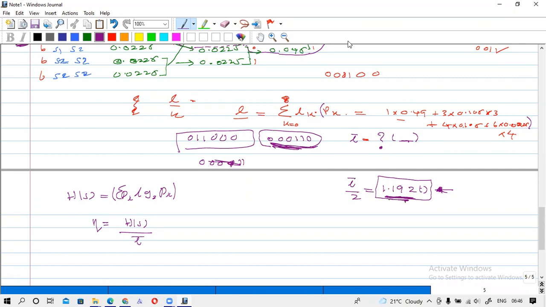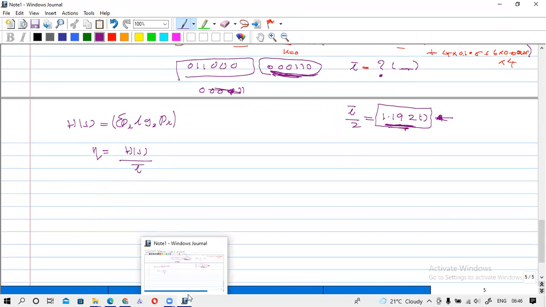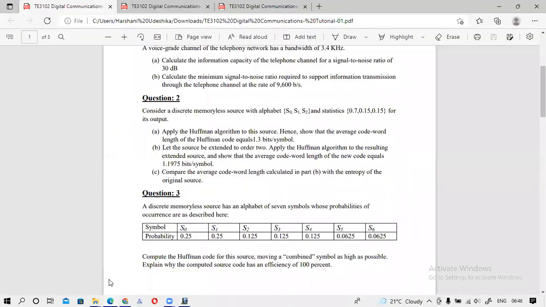Am I right? I hope I am right. So I hope you get it. So we will move to the next one, otherwise our time will not be enough.